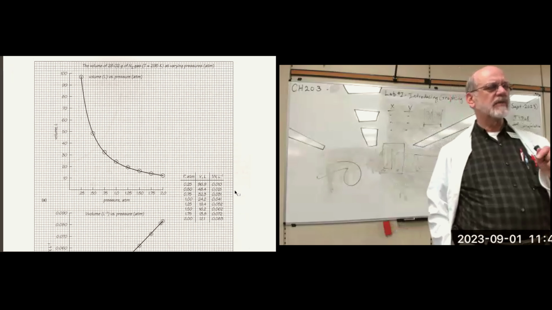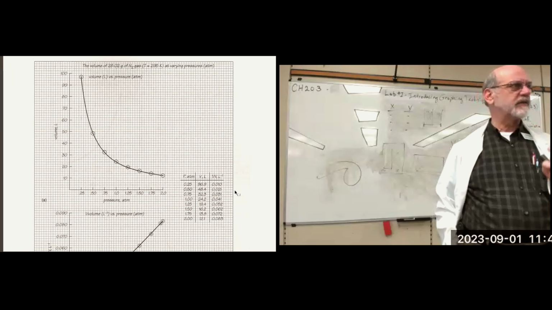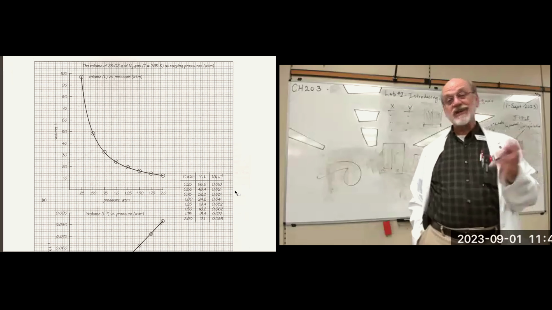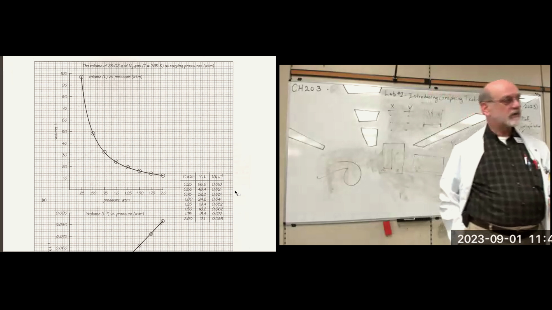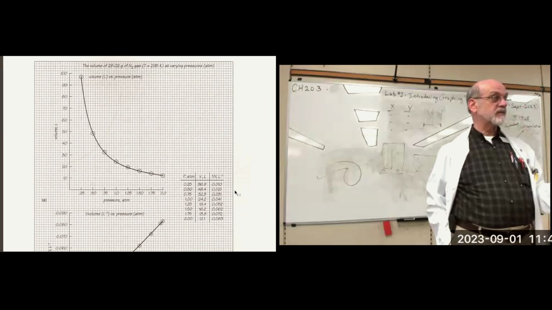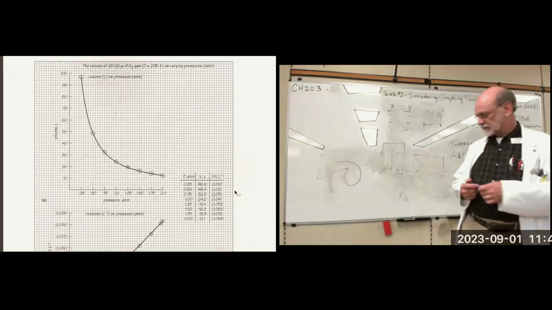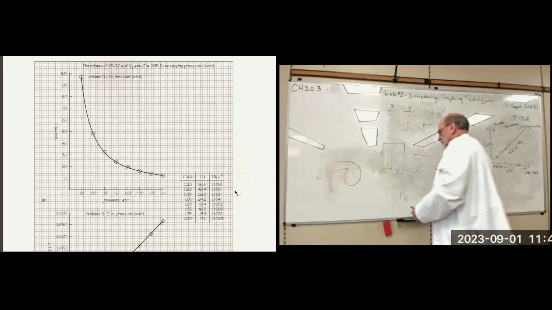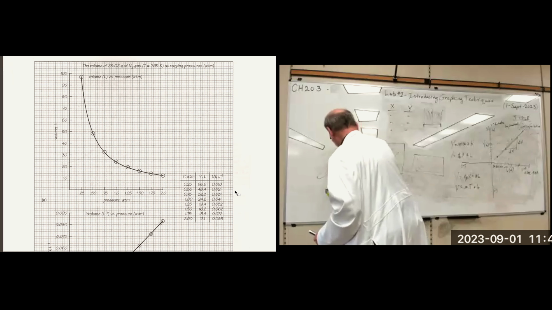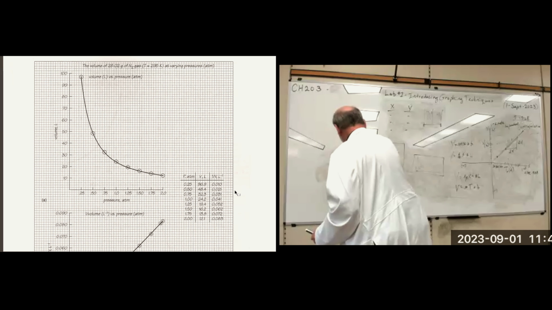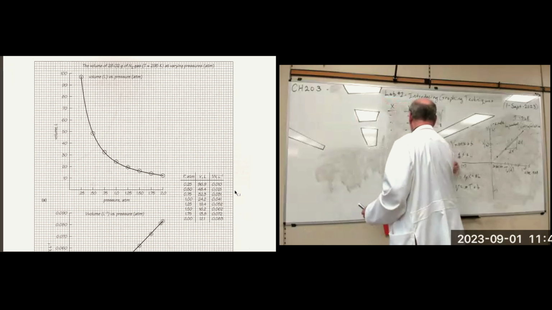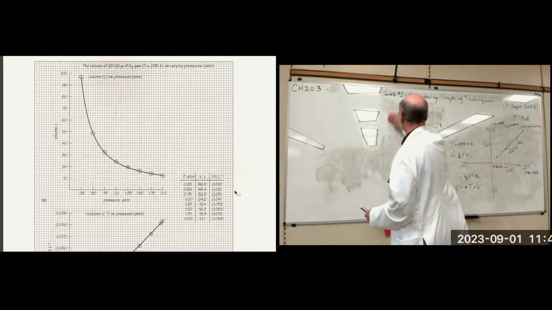Straight lines are much more well-behaved than curves are. Sometimes you can't get away from curves, but when you can make a straight line, so much the better. So we have our data set of pressure and volume.